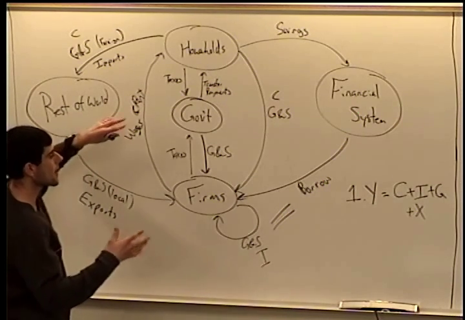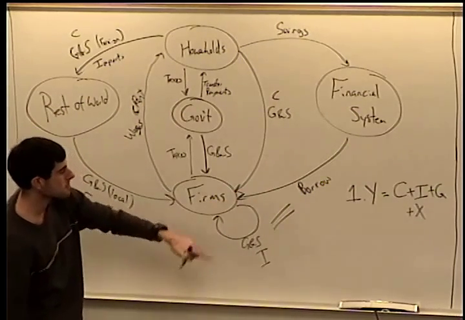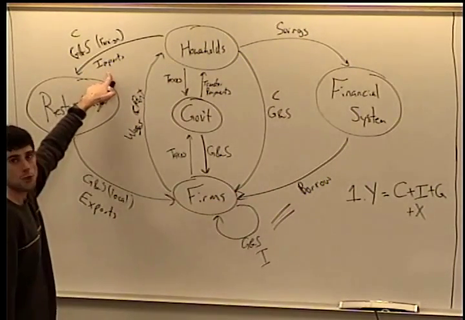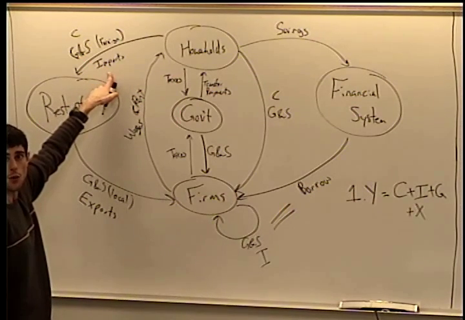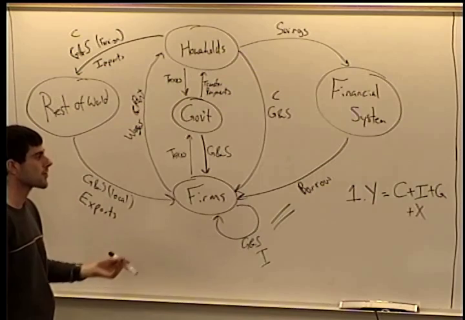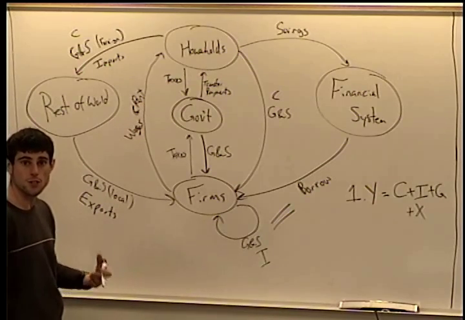So if we take up everything, C plus I plus G plus exports, and then we subtract off imports, everything that we bought that wasn't made in the US, that should give us the value of everything that was made in the US total.